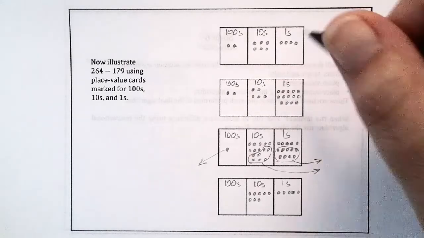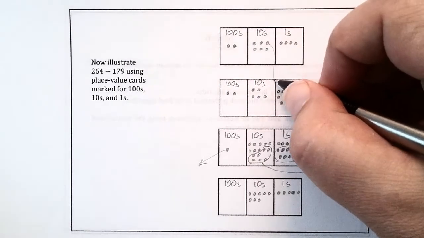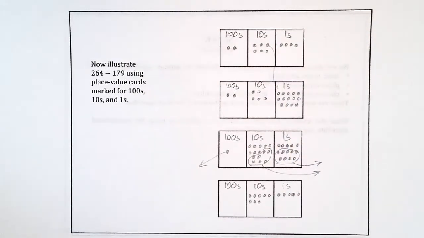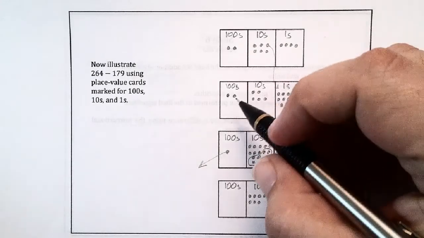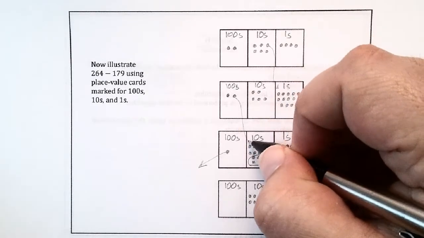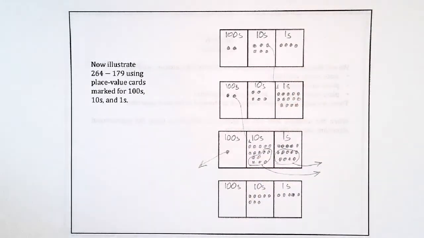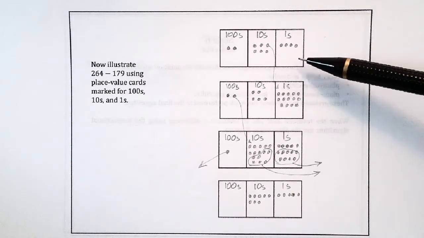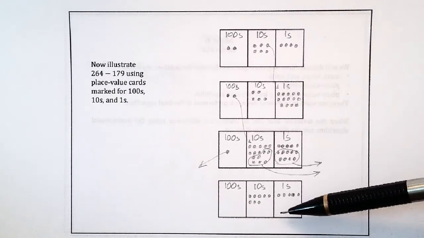We're exchanging 1 ten for 10 ones, and we're exchanging 100 for 10 tens. So you need to have both of those exchanges illustrated. It's not enough to just draw the first number, the one you're subtracting from, and the last.